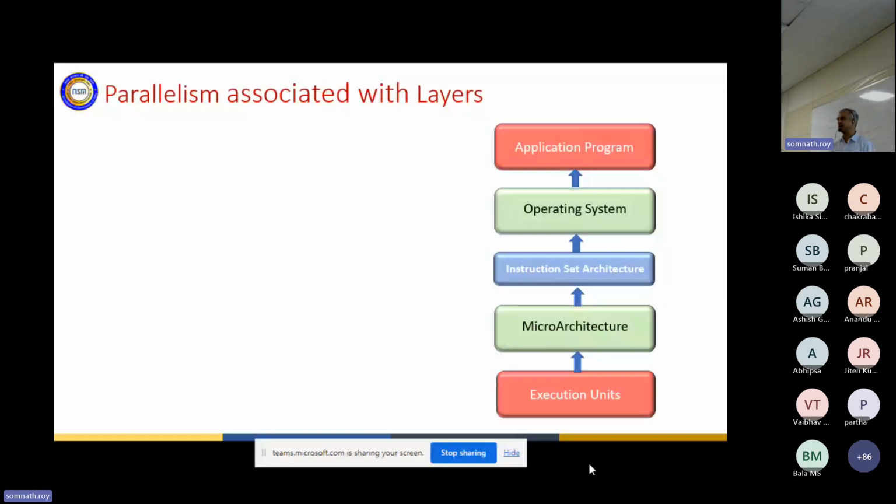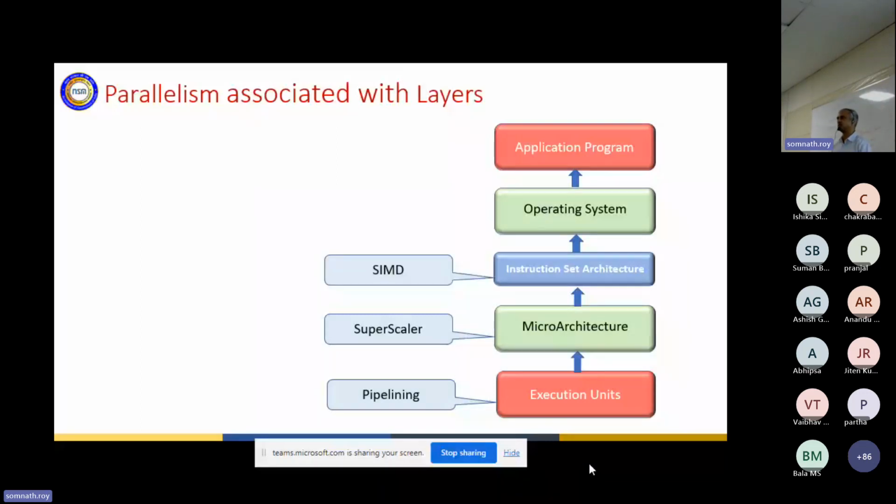So in the execution unit, there is something called pipelining. I will briefly touch upon it, not very relevant to you possibly, but good to know. In the microarchitecture, there is something called superscalar, where more than one processor execution unit exists. I will explain that. Then single instruction, multiple data, which is achieved through a set of instructions. I will explain that.